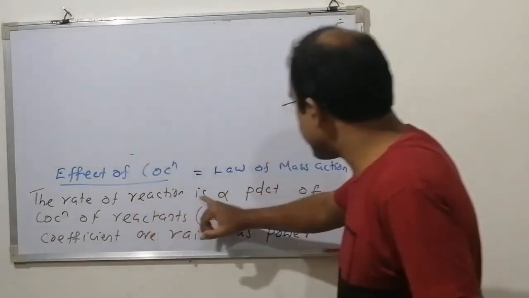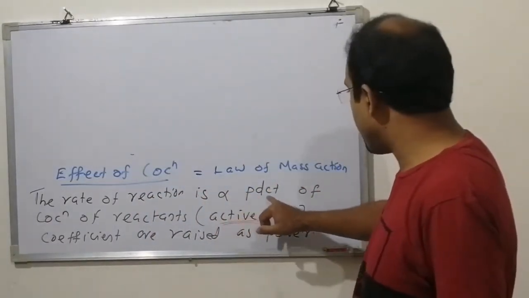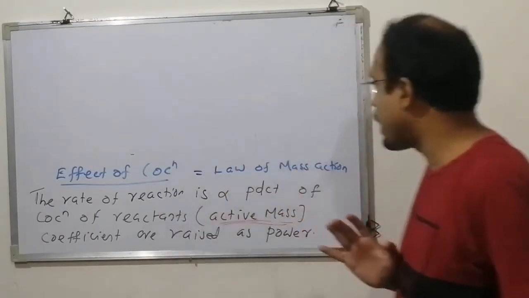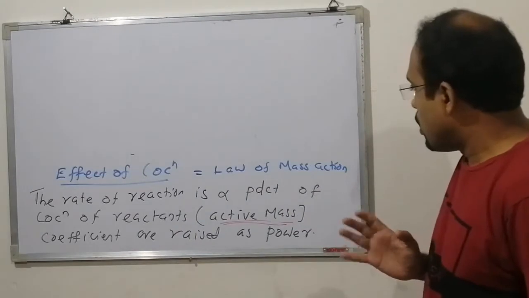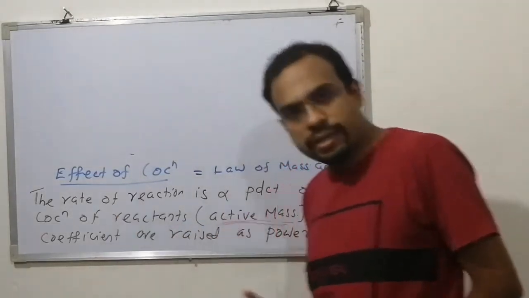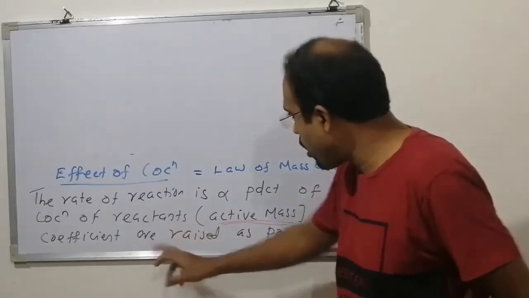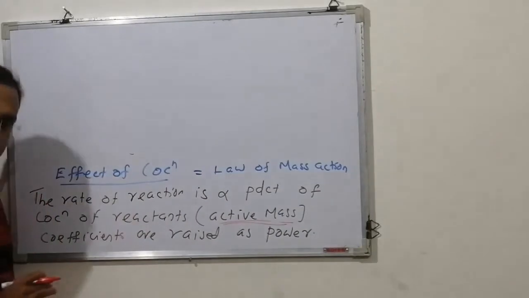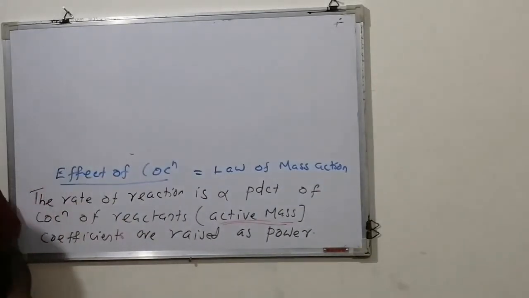Therefore, rate of reaction is directly proportional to product of concentration of reactants. Not only that, coefficients are raised as power. What is the meaning?